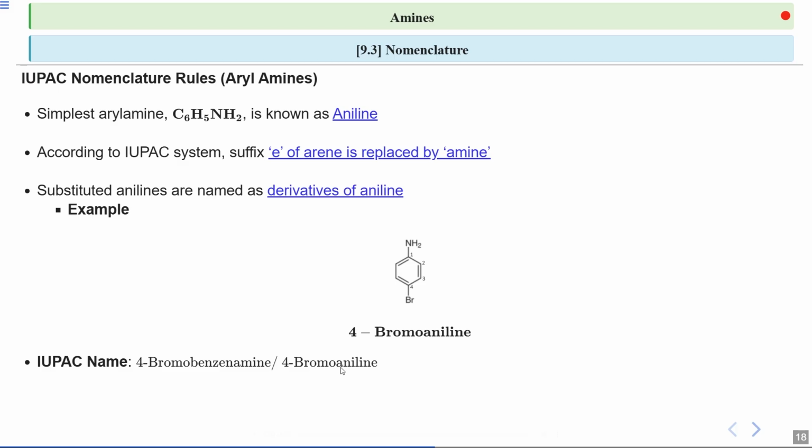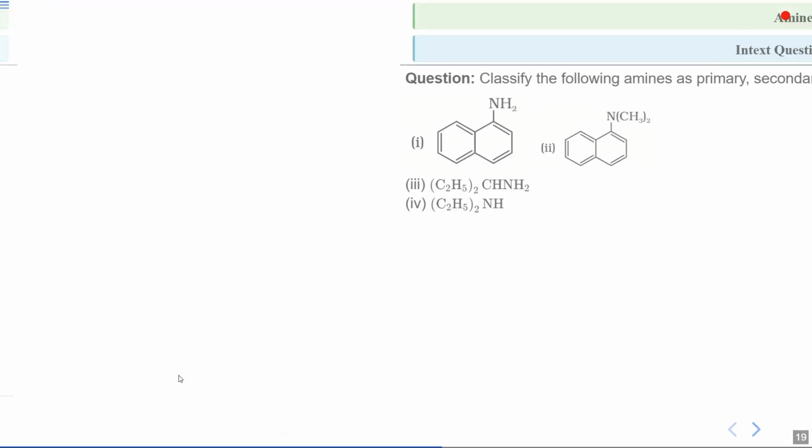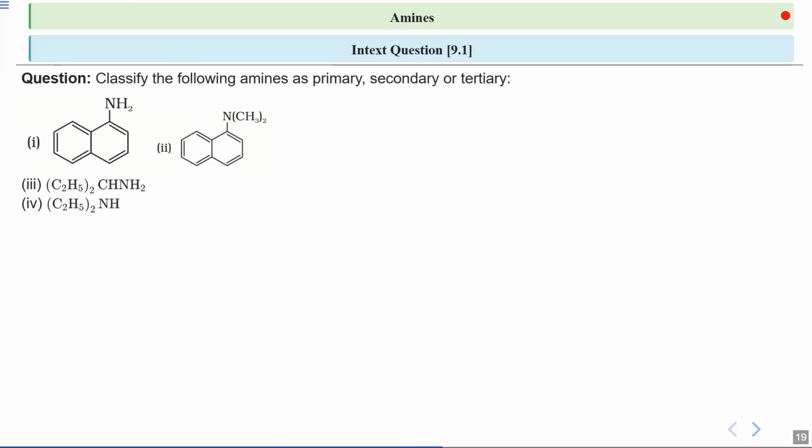If I talk about the common name, it will be para-bromoaniline because Br is para to the NH2 group.